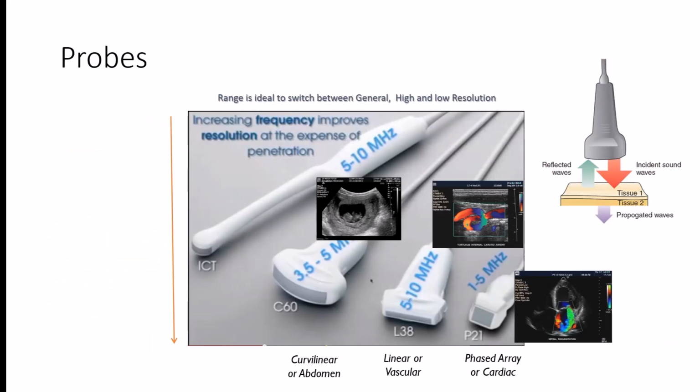An ultrasound probe, also known as a transducer, is a device that converts the pulse of electrical energy generated from the equipment to mechanical energy, or high-frequency sound waves that travel through the body.